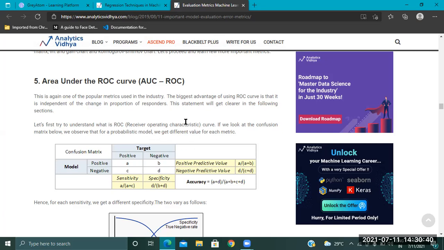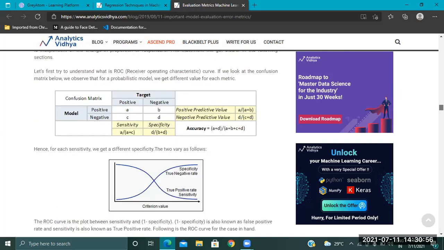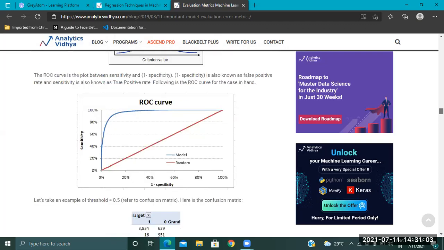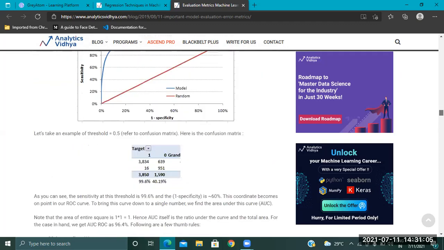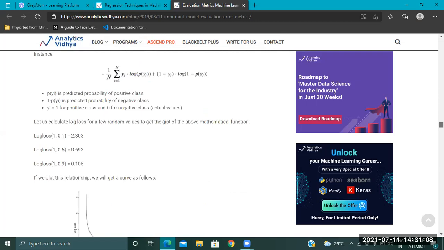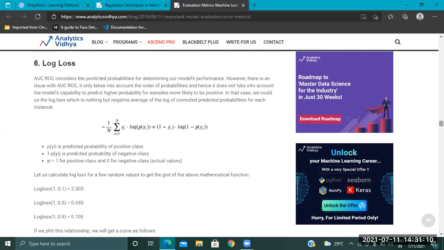As I already stated, for the confusion matrix we are going to give a probabilistic model. So which model will be best? We will define the probability and plot this ROC AUC curve. After that, this is log loss.